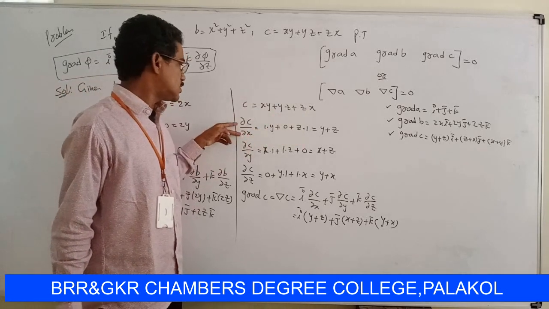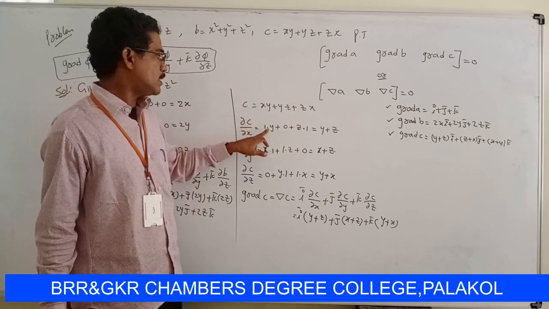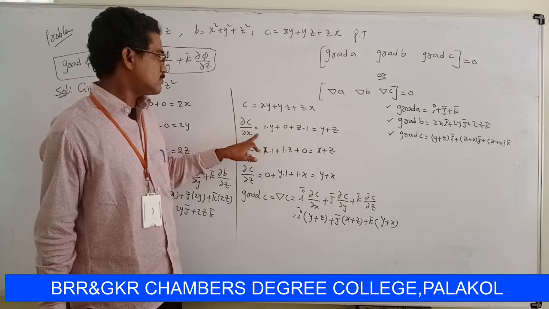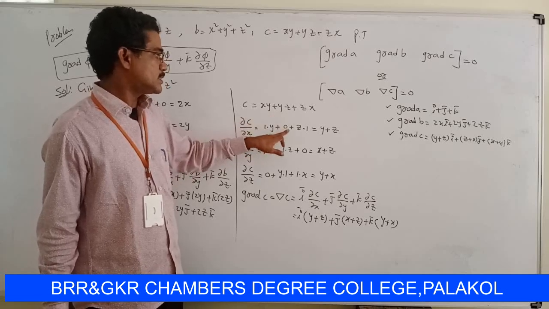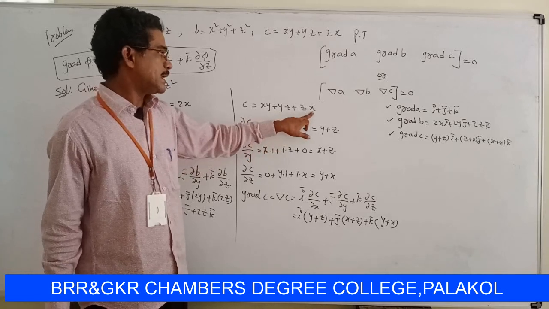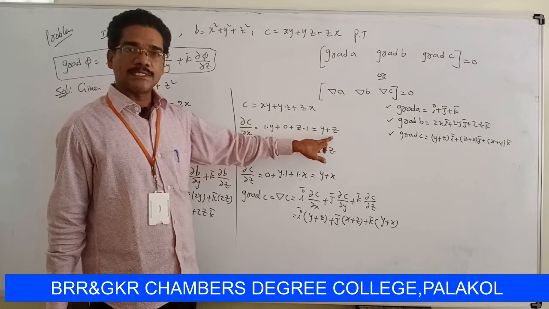First of all, ∂c/∂x. With respect to x, xy gives 1 into y, plus yz has no x so it is a constant, 0, plus zx gives z into 1. So finally y plus z.